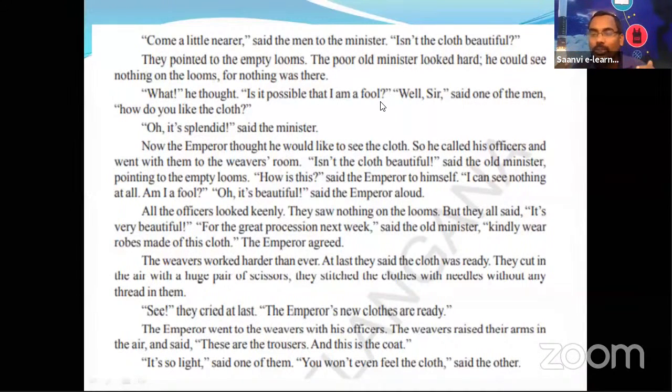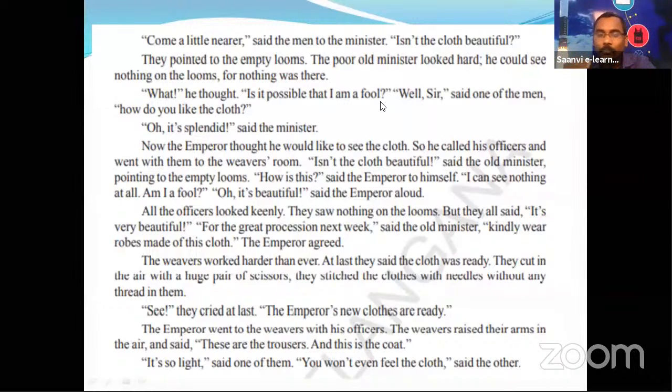But no one wanted to say that there was no cloth on the loom. They all wanted to be wise men. That's why, even though there was nothing on the loom, they all acted like they were wise and said that, oh, the cloth was excellent. The dress made by the weavers, the cloth was excellent, they said.